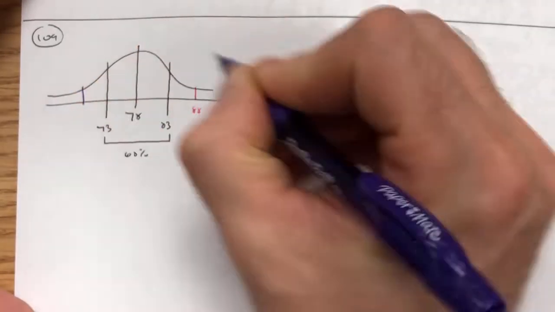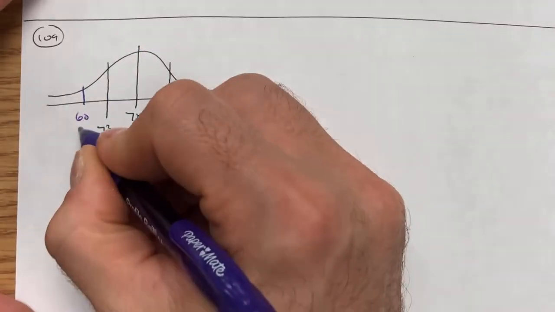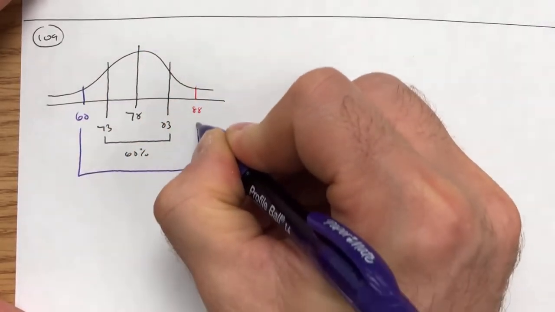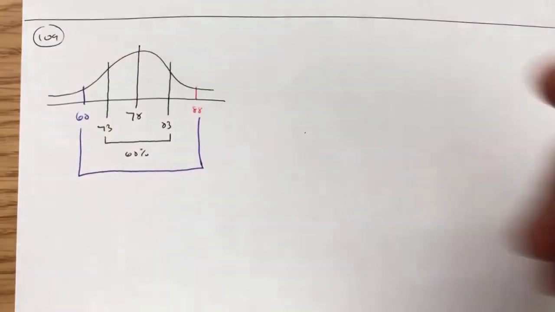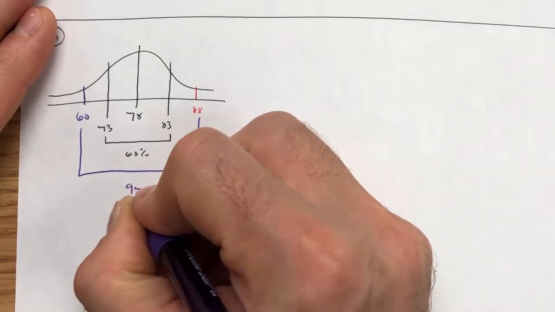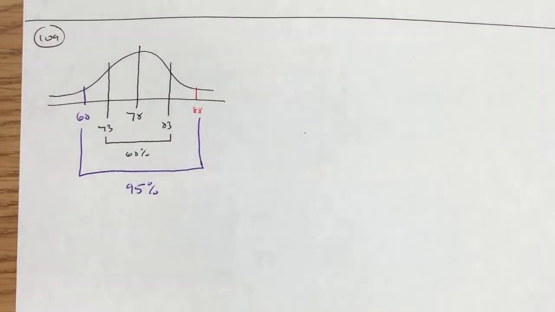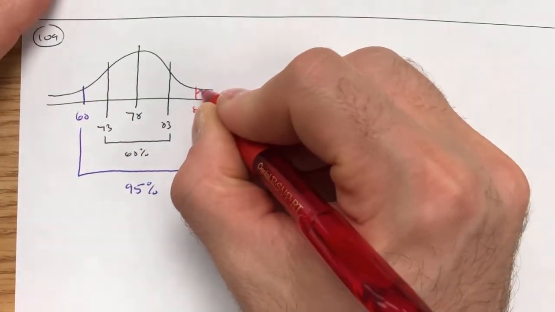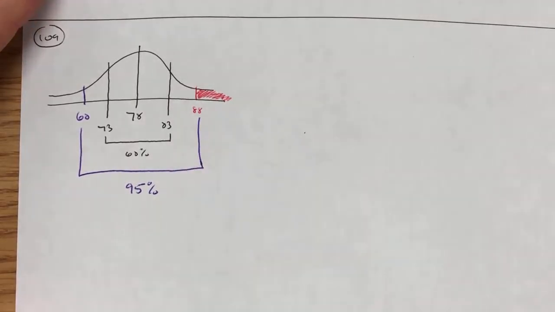That's our second level of the empirical rule. 68% of all tests are within 1 deviation, and 95% of all tests are within 2 deviations. But we're not concerned with what's between 2 deviations. We want to know what is 88 or above, the right end of the curve.